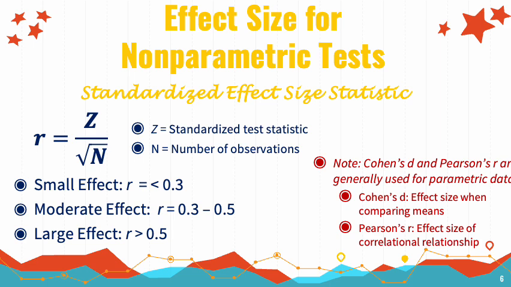A small effect is an r less than 0.3. A moderate effect is an r between 0.3 and 0.5. And a large effect is any r that is greater than 0.5. And remember, again, the effect size is telling us about the clinical significance of our findings. So now that we have this foundation, we are ready to discuss specific tests of non-parametric analysis for comparing groups.